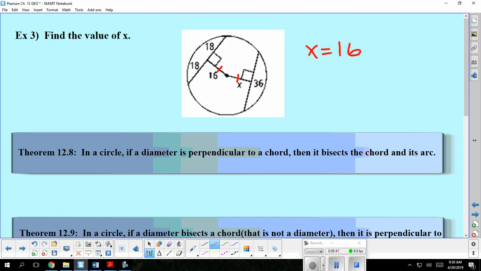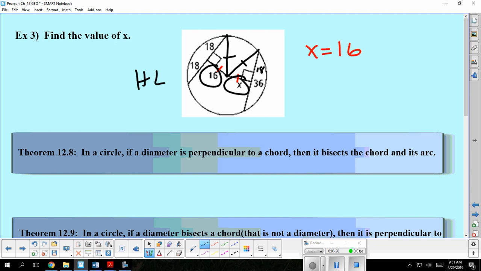The way this sets up, and why that is the case, is I created right triangles in here. We know that these guys are congruent because the radius of a circle only has one length. So if I have two different radii of a circle, they must be congruent. So these two triangles are congruent by HL, the hypotenuse leg congruence theorem. We have 18, 18, and then the hypotenuses are congruent. So these guys must be congruent as well.